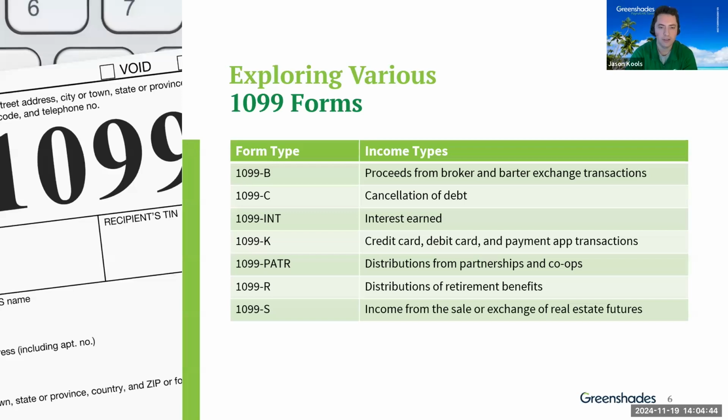And just important to note, with the 1099 having multiple different form types, from an organizational standpoint, it's going to be important that you understand which form type you need to file for, and that you have the appropriate data come year end.